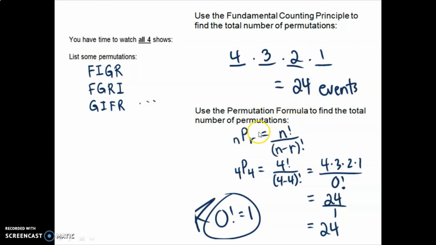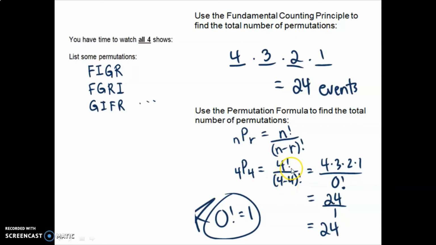Now, in terms of using the permutation formula, this is the one that was given to you here. So we have 4 shows and we're choosing 4 of them. So 4 P 4. That P means we're going to do a permutation. So for the formula, you put your number of things you're choosing from here, then you subtract those two numbers on the bottom.